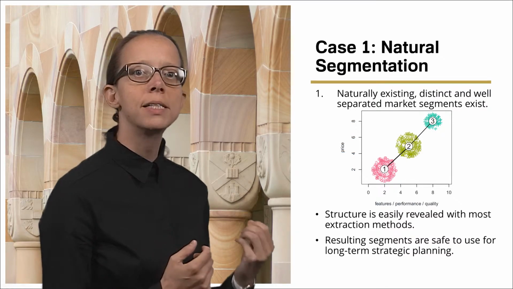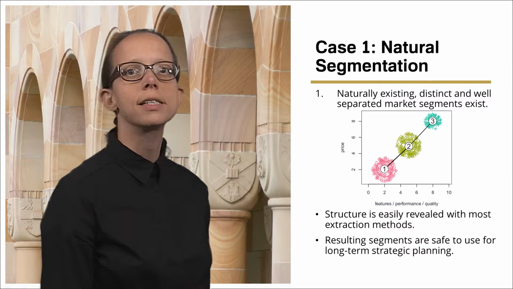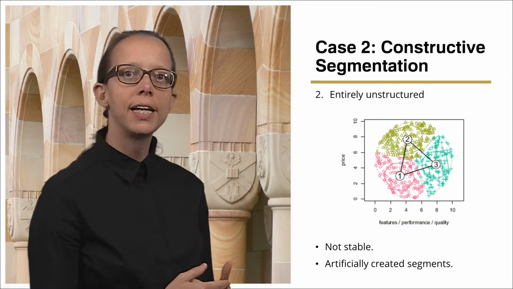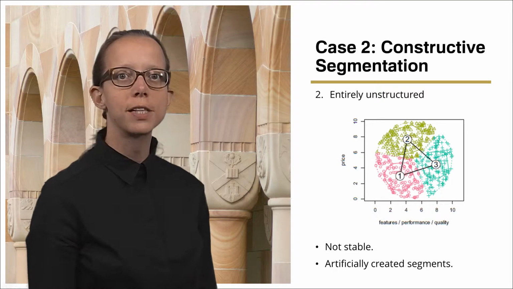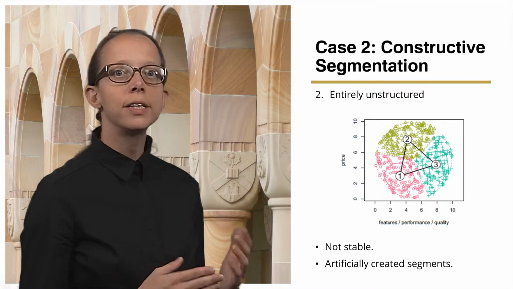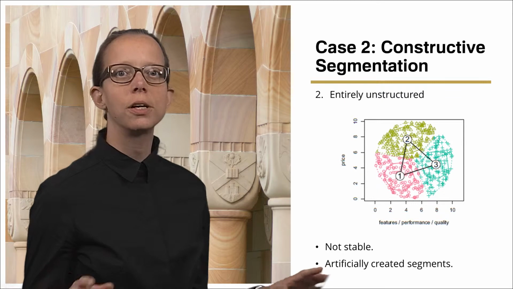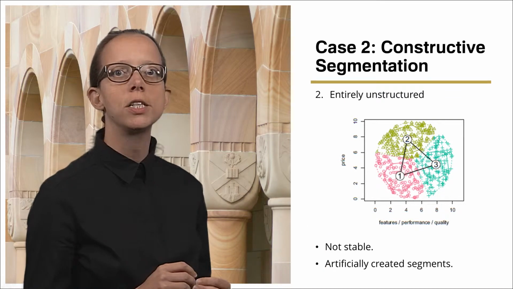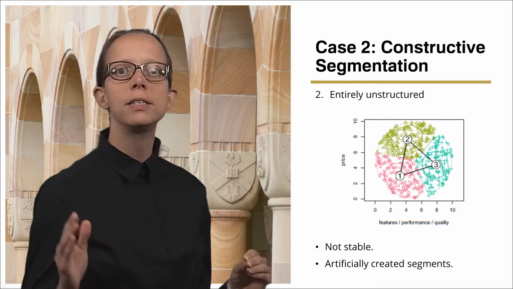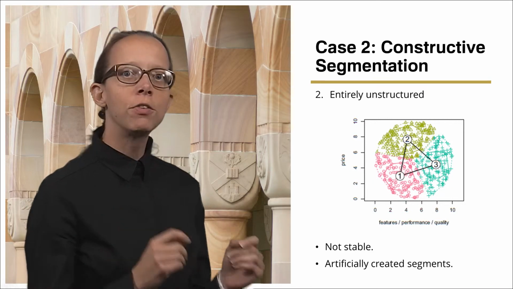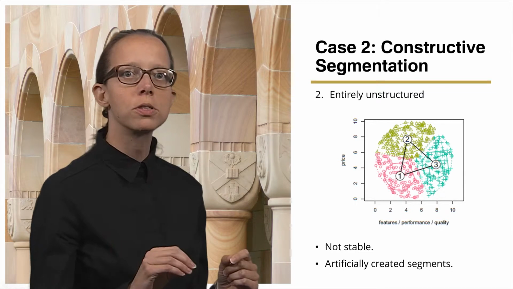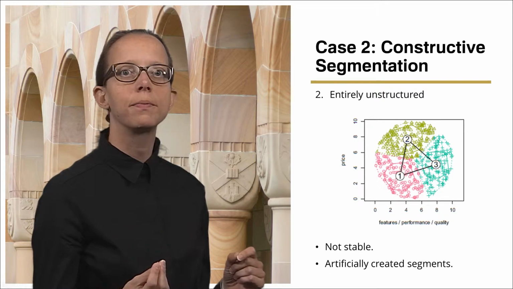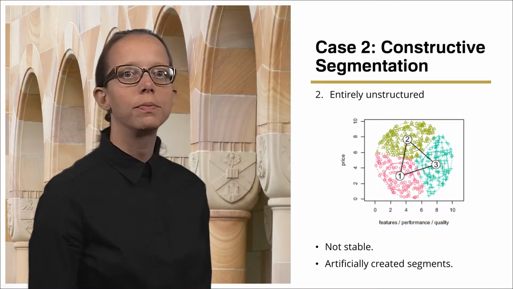Natural segmentation is the best-case scenario when we run market segmentation analysis. The worst-case scenario is the case we refer to as constructive segmentation. Here, the data is entirely unstructured, making it impossible to reproduce any market segmentation solution across repeated calculations. Every new calculation will impose a different algorithm-induced segment structure on the data. Stability is very low.